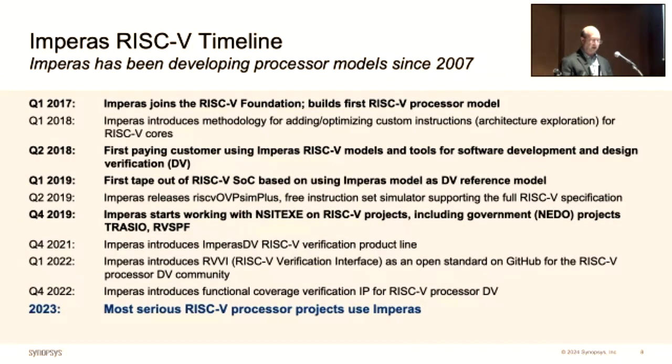Important in Japan, I think, was we started working with NSITEXE on RISC-V projects, including the government projects Trazio and RBSPF in 2019. We have continued to add products to our portfolio to expand beyond just the models. And right now, most serious RISC-V processor projects are using Imperas technology.